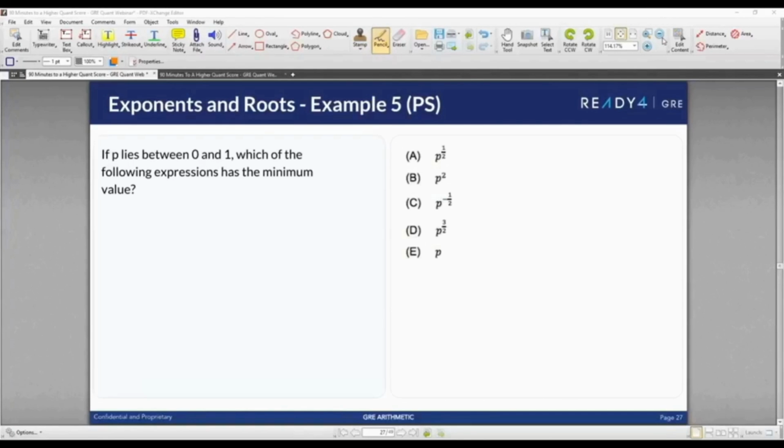That's 30 seconds. You have 1.5 minutes. That's 1:30.